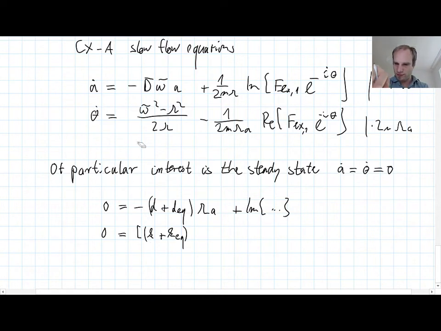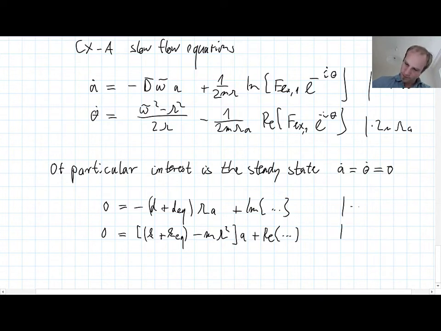So omega tilde squared is k over m, so if we multiply by m it's like this, and then minus m omega squared times a real part. Now we combine these two, multiply this by i, this by 1, and subtract the two.